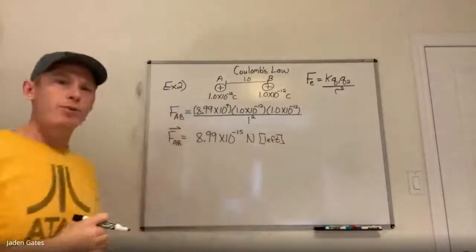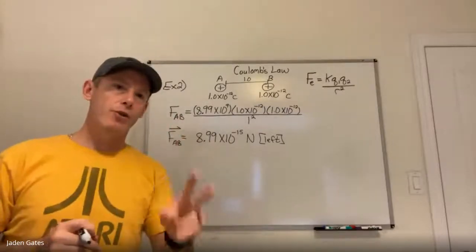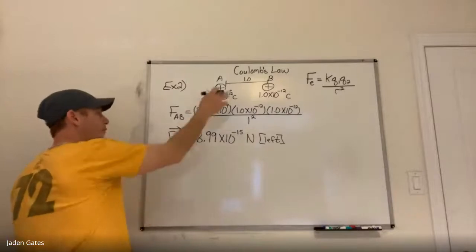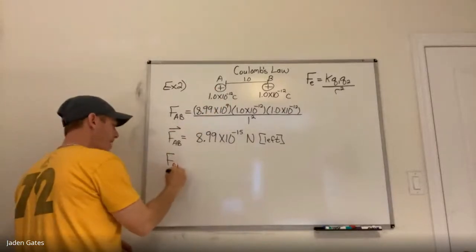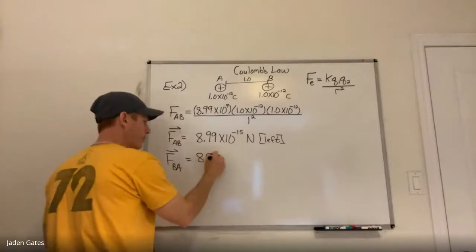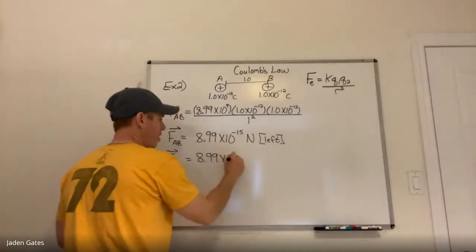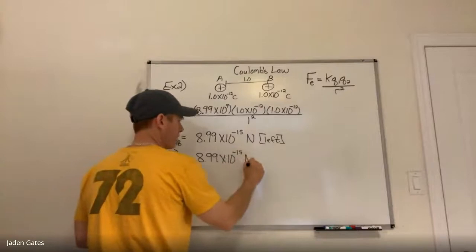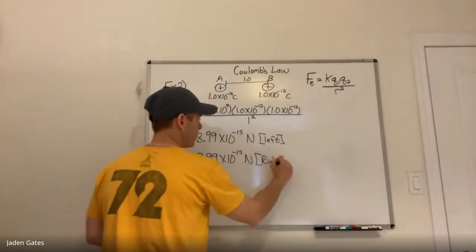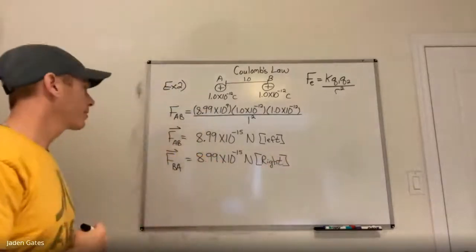But again, because we're looking at the relationship between the two charges, I could also write this: the force on B by A. Well, it's equal in magnitude and yet opposite in direction, because A is going to push B to the right.